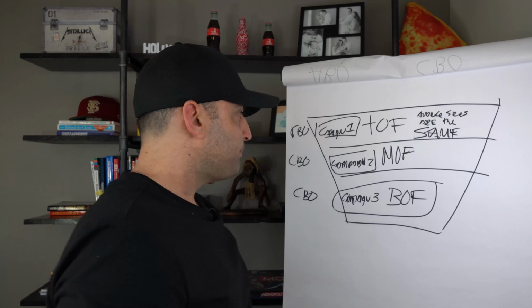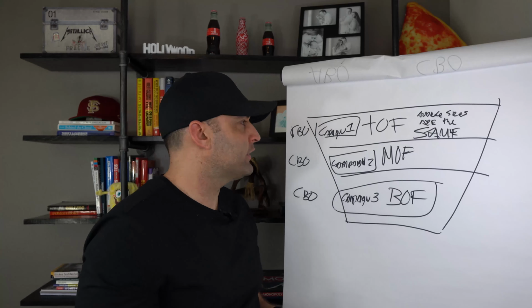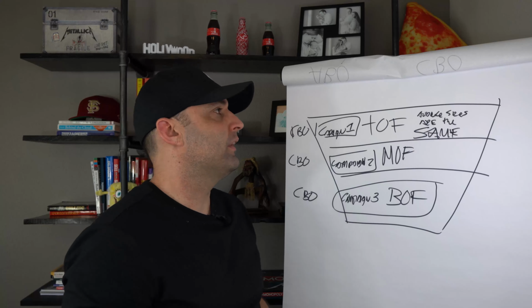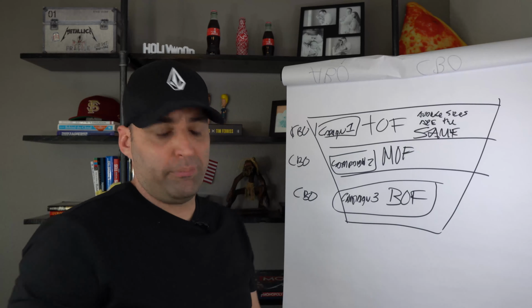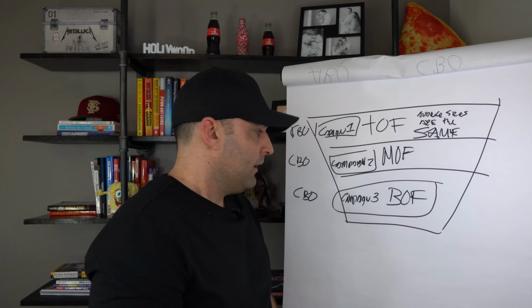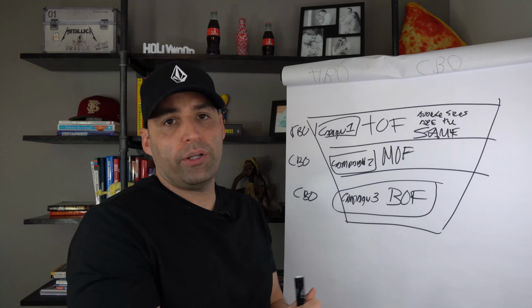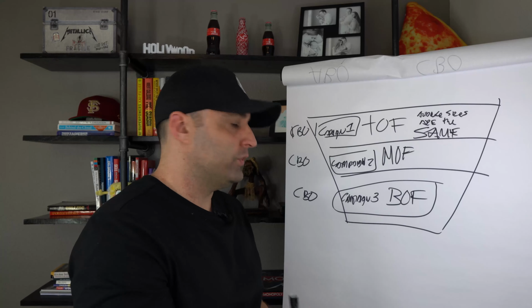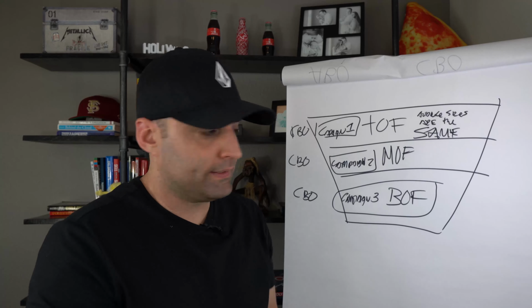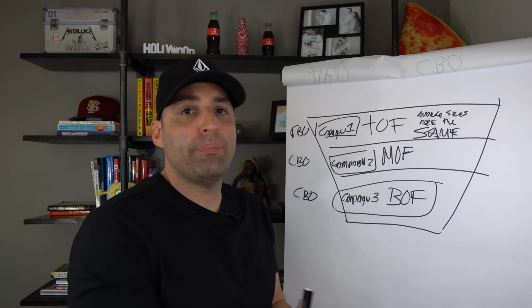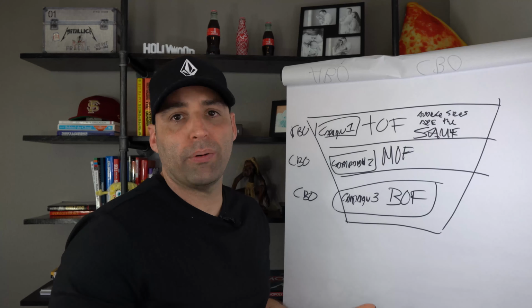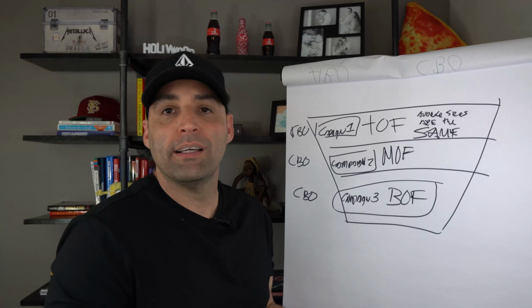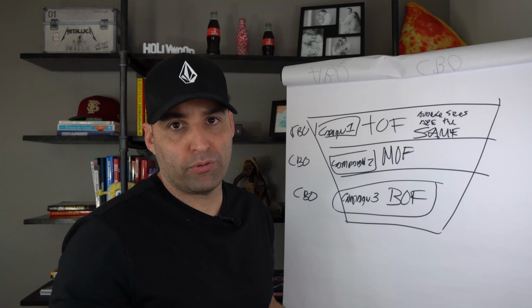Okay, so those are some pointers right there for CBO. Remember, campaign budget optimization is going to be mandatory. Depending on when you're watching this, it's probably mandatory by the time you watch this. Make sure you start learning your rules. Make sure you start with a budget of 100 or more, and keep those ad sets relative to your budget. You can't have a $100 budget and 20 different ad sets. It's too much for Facebook to optimize.